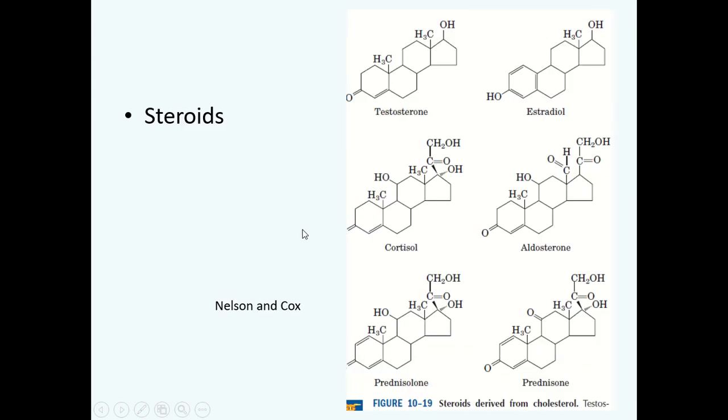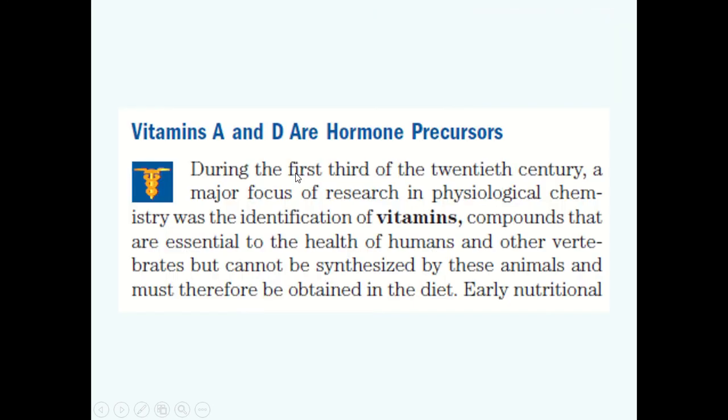The next important example are the steroid hormones. The steroid hormones are produced from cholesterol. Steroid hormones have a variety of roles to play. These are a few important examples of steroid hormones represented here. Vitamin A and D, they both are important as a vitamin. Vitamin A is needed for vision. Vitamin D is important for absorption of minerals from the gut.